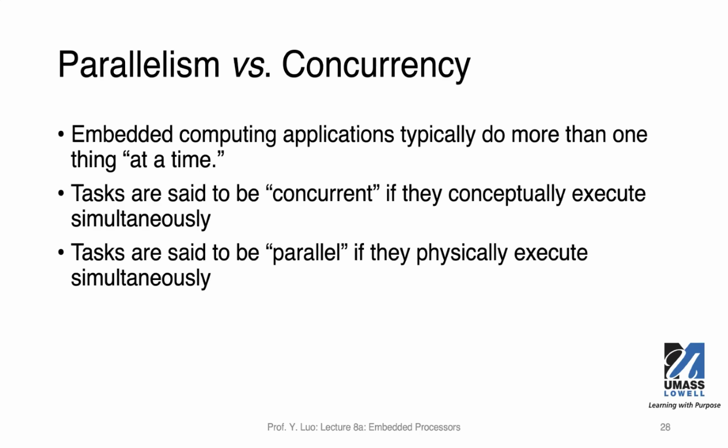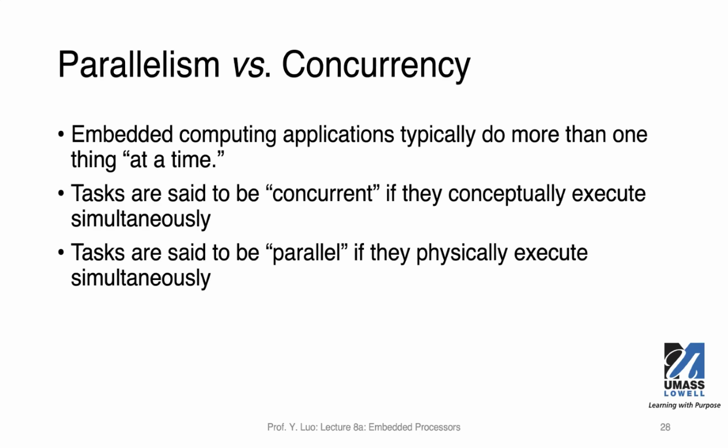In contrast, when tasks are said to be parallel, they are physically executed at the same time. Which means that from the hardware perspective, from the processor perspective, you have to have more than one processor core in order to execute more than one task at the same time. And that's not the case for concurrency.